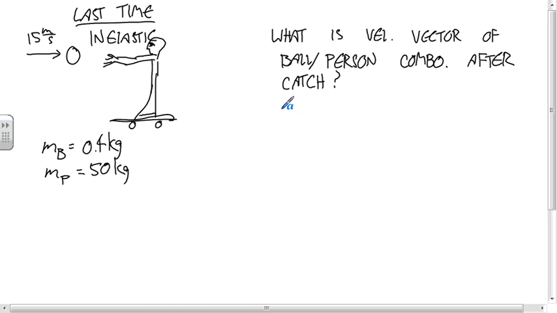And the answer was, in the x direction, 0.119 meters per second, nothing in the y direction. So the velocity after the collision, after the catch, was a lot closer to the velocity of the person before the catch than it was to the velocity of the ball before the catch. And why was that? Yeah, because the mass of the ball is small, the mass of the person is big.